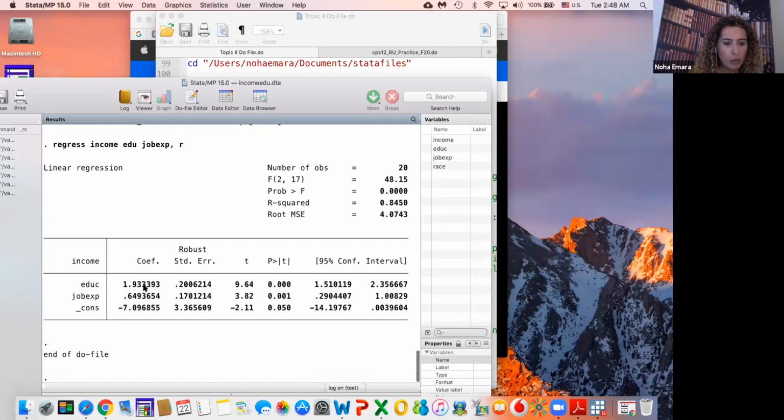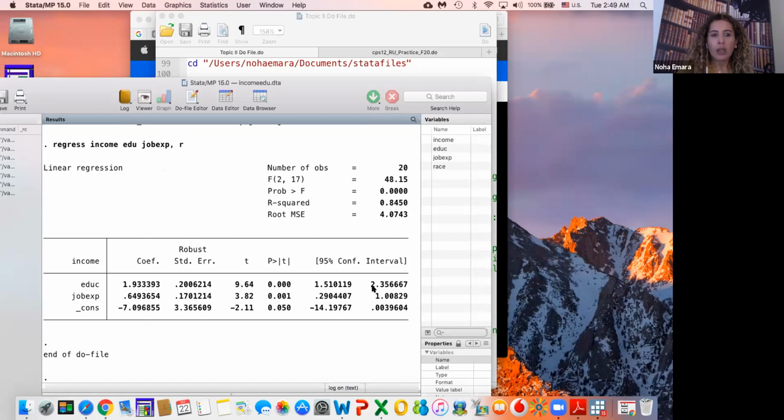They do stay the same, 1933. So the robust option does not change the coefficients. It only changes the standard error, and accordingly will change the T, the P, and the confidence interval, because they are all connected with the standard error.